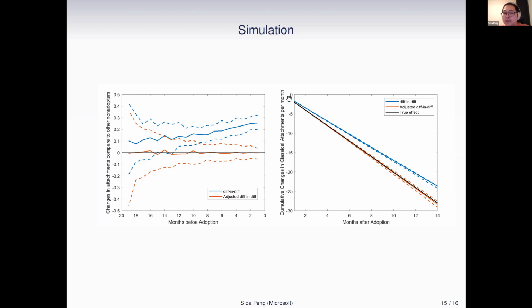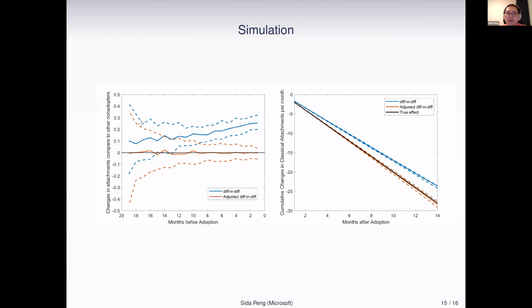For the standard Diff-in-Diff estimates, it is above the true effect, which is a slope of -2, highlighted by the black line, and this almost coincides with our adjusted Diff-in-Diff estimate. I should also mention that the dashed line here is not a confidence interval in this case. This is just 200 simulations with the 95 quantile.